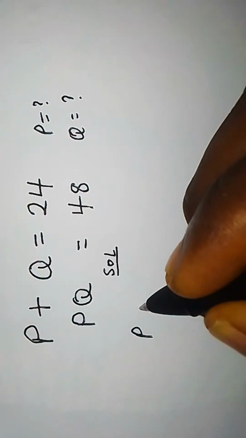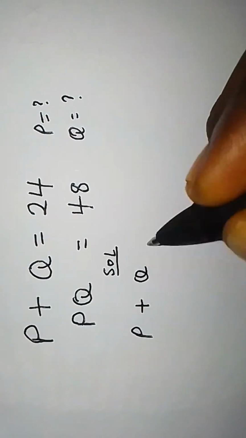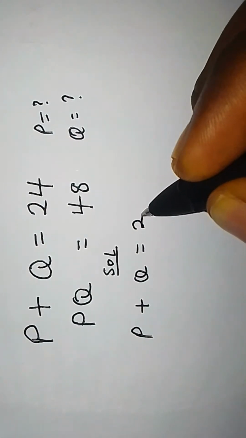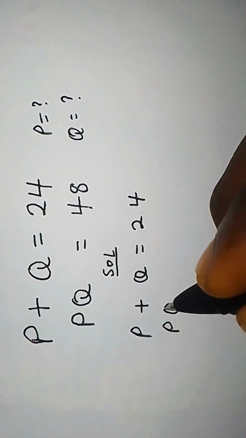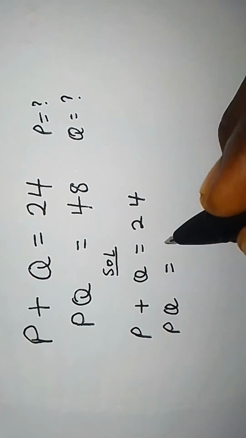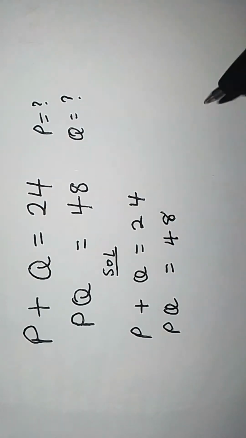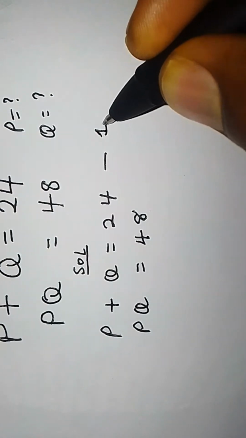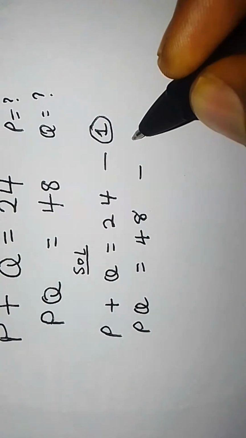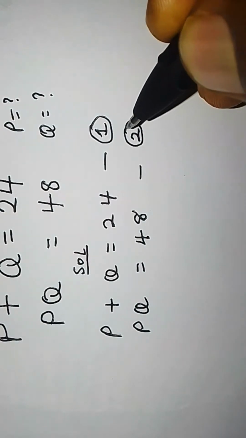We have P plus Q equal to 24, and also we have PQ equal to 48. Let us call this equation 1, and let us call this equation 2.